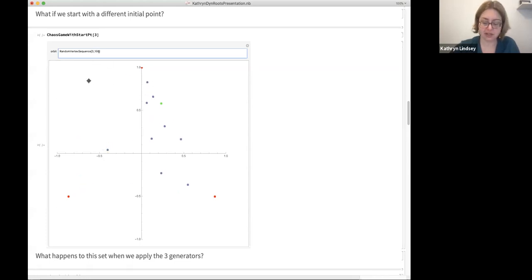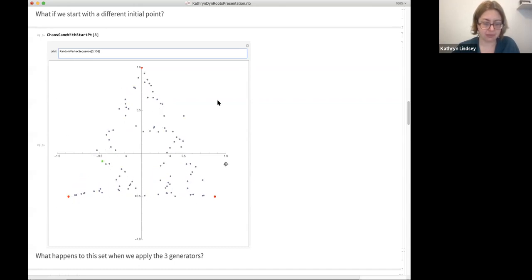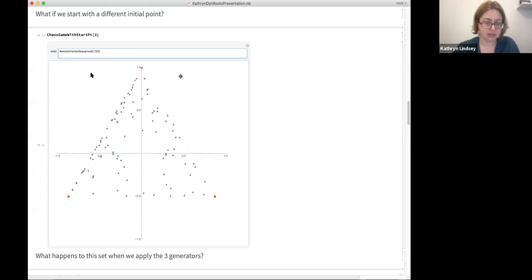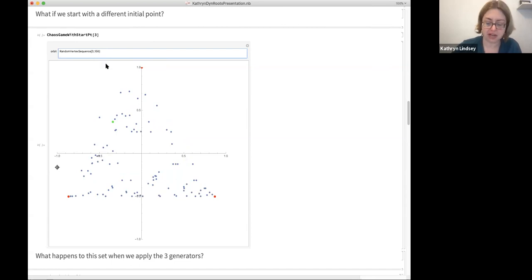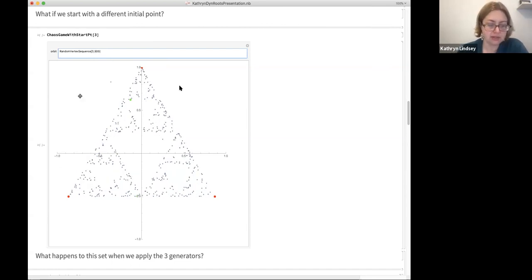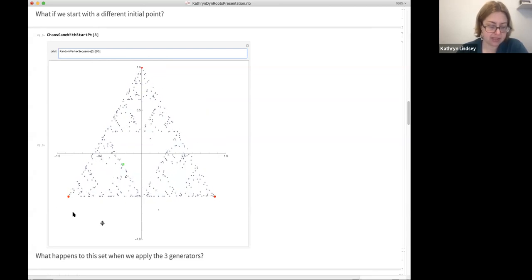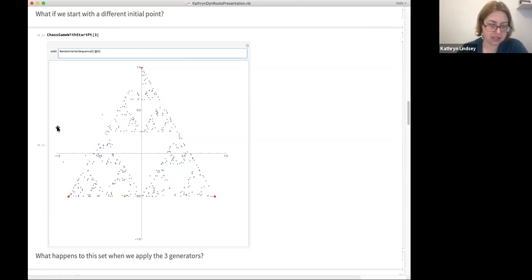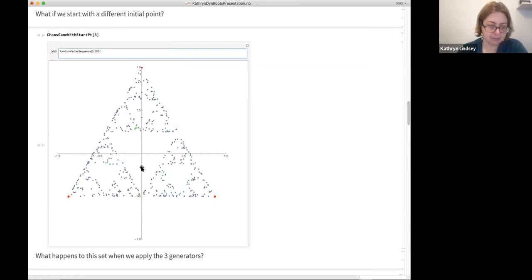But what if I now do 100? It still looks like we're getting different patterns, but they're stabilizing. It's settling down. What if I do a sequence of 500? Now you can see it's even more stable. The overall picture is depending less and less on where you start.